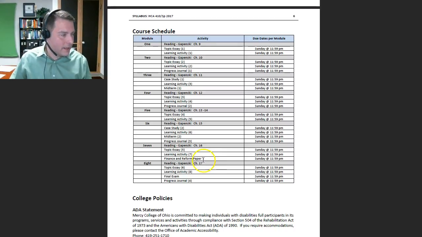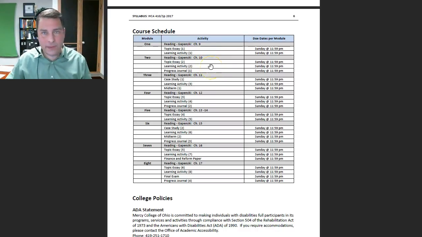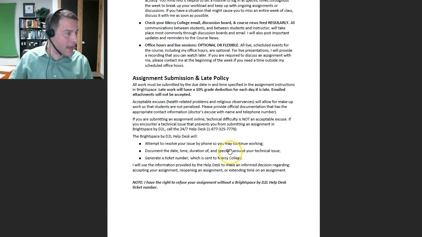So be thinking on that. We'll talk more about the paper towards the end of this module, or early in module 2, so you can start planning for that, and maybe whittling it away a little bit at a time so you're not freaking out over a weekend trying to write the paper. All right, now that's a little bit about things covering our syllabus walkthrough.